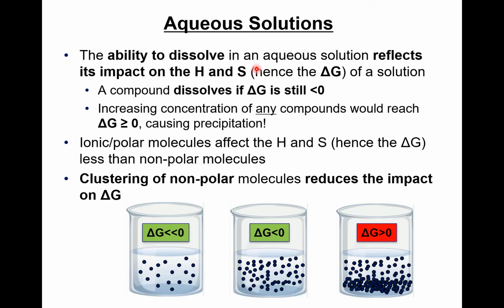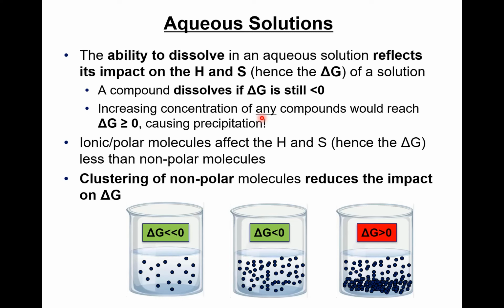As I was mentioning before, if a compound like sodium chloride dissolves when you put it in water, you know that the delta G of that process is negative, because of this relationship between the ability to dissolve and the delta G. It's a favorable, spontaneous process. Putting salt in water, it's happening, the delta G is negative.